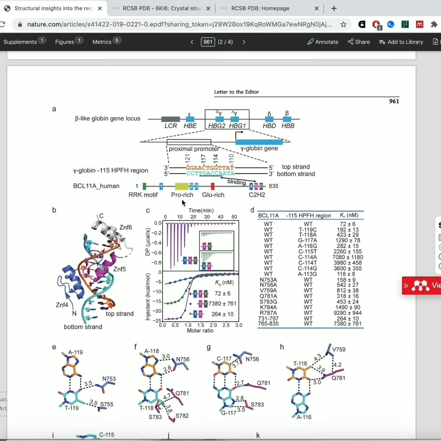Sometimes we talk about structural domains, which is often a part of the protein that will fold independently of all the others. We can also talk about functional domains, so a part that does something, like a DNA binding domain or something like that.